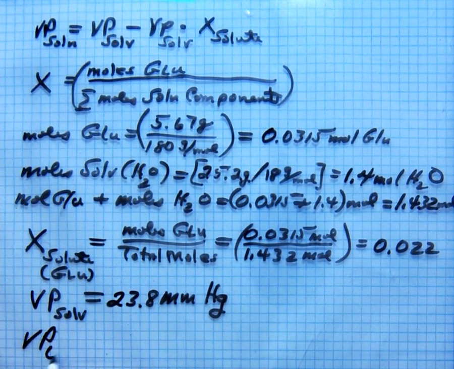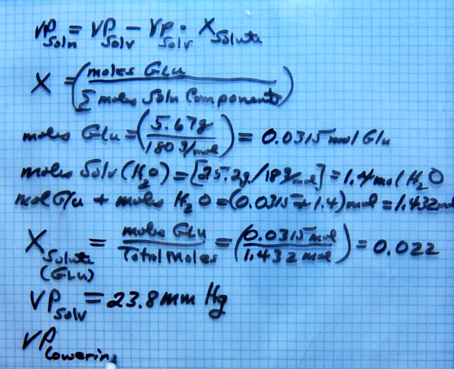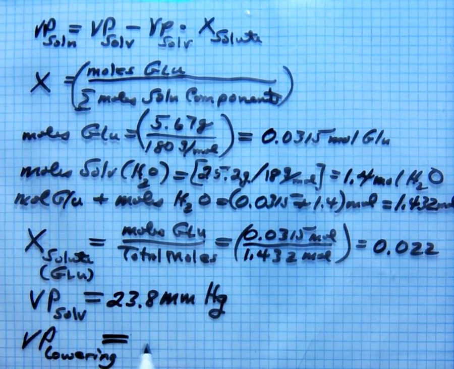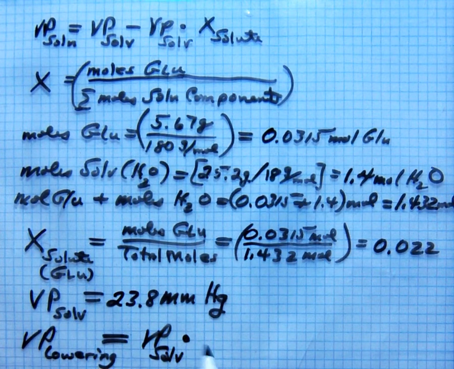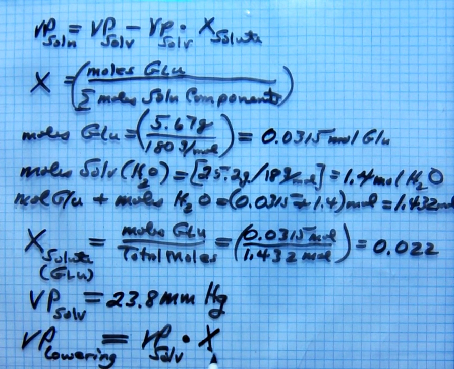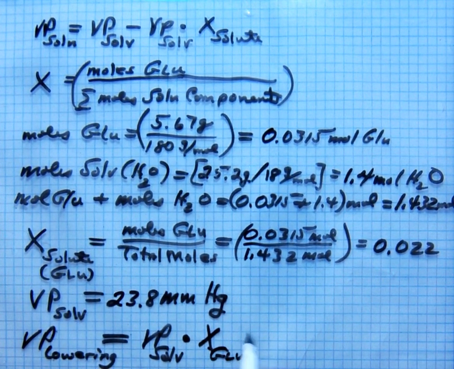Vapor pressure lowering would be the vapor pressure of the solvent, water, times the mole fraction of the glucose.